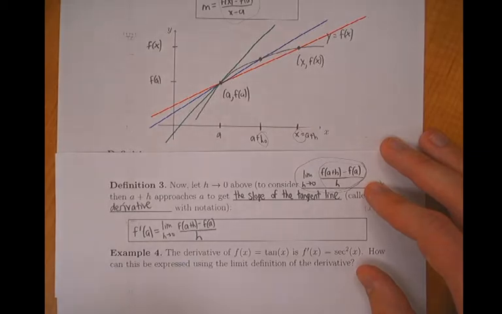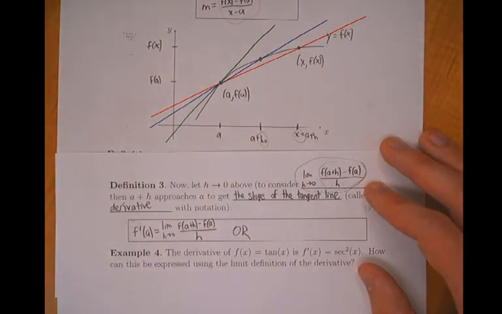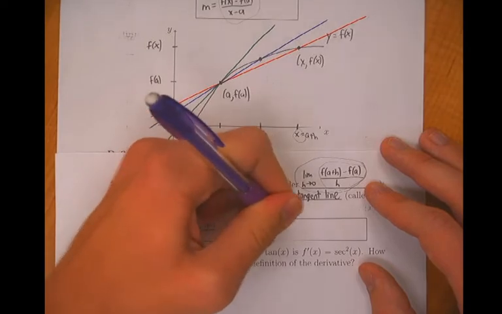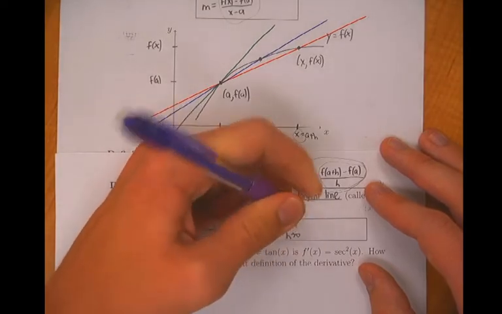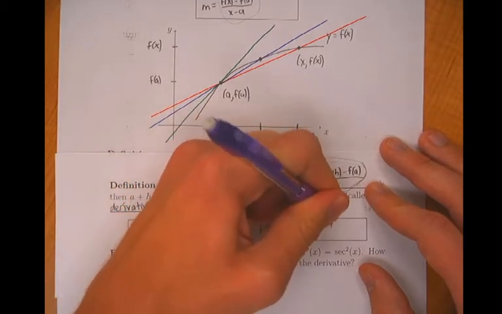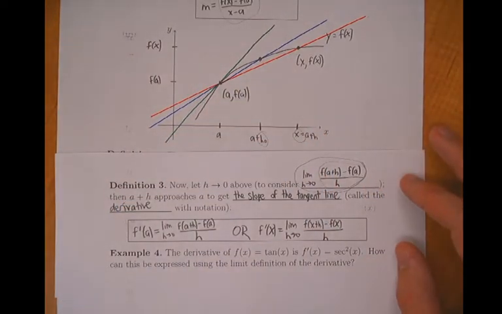Or if you prefer to use x instead of a, you can: f prime of x equals the limit as h approaches 0 of f of x plus h minus f of x, divided by h. Okay?